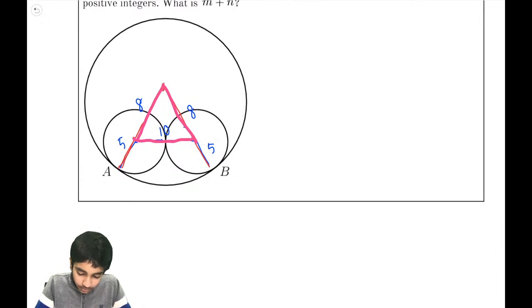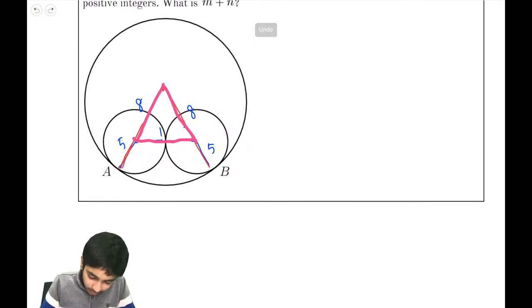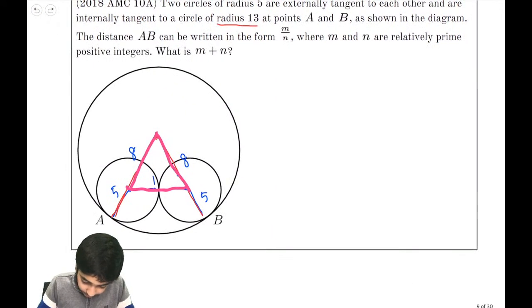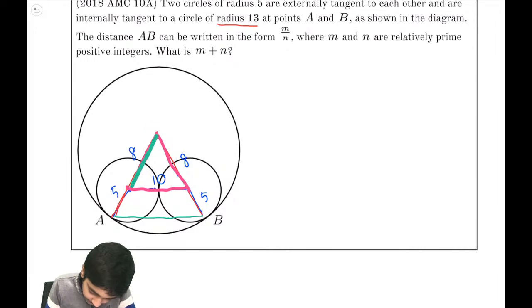Well, notice that if you draw the line AB, sorry, it got erased somehow. If you draw a line AB, we actually have two similar triangles. The triangles that are similar are this green one here and the big blue one here.